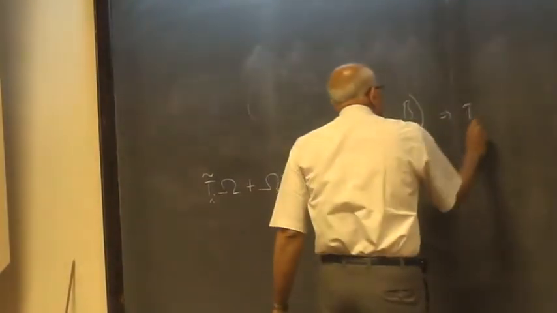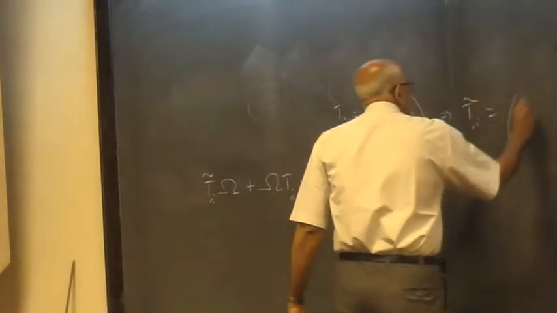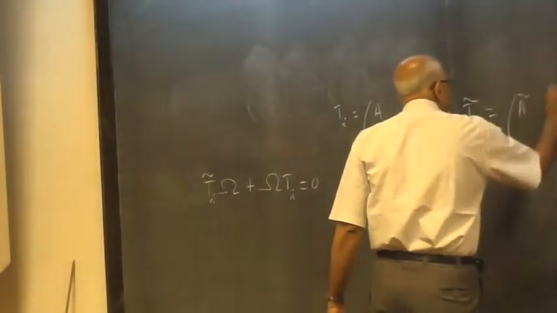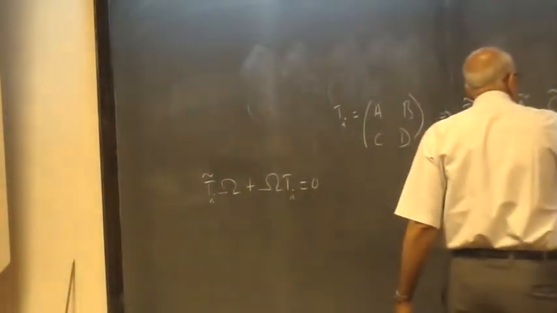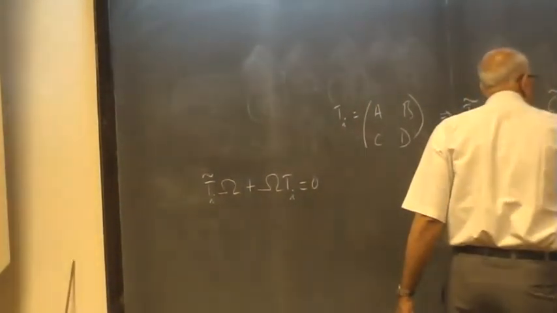it is clear that this will imply that Ti tilde equals A tilde, B tilde, C tilde, D tilde. And let's impose this times omega, which is 0, I, minus I, 0.